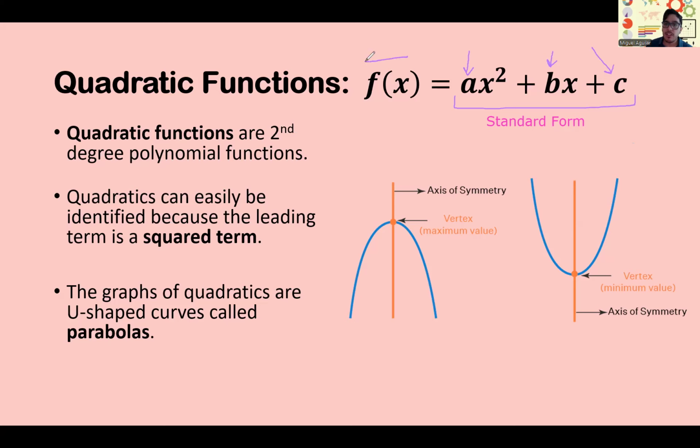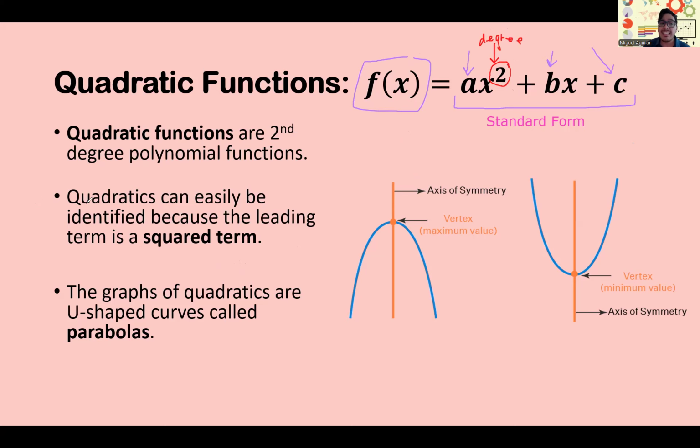A quadratic function we call a second degree polynomial function because the highest degree is 2, or the highest exponent is 2. So that's why we call this a degree 2 polynomial. And a linear function, when we were graphing straight lines, those were degree 1 polynomial functions. We just didn't use this fancy language to talk about them that way.